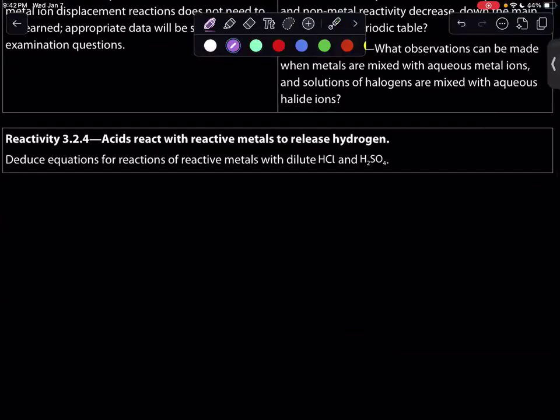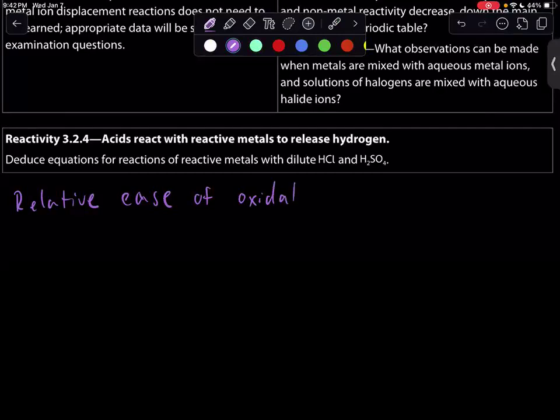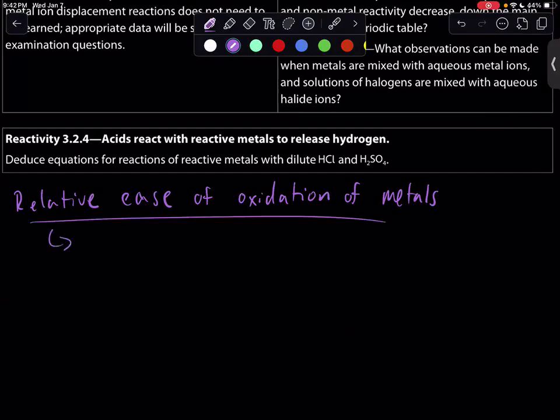So we're going to start out with relative ease of oxidation of metals. Now, when we look at metals, we'll look at pretty much any metals, but we can see that some metals oxidize more easily. Some examples might be iron, copper, silver.